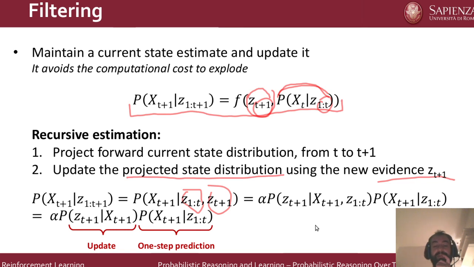So what are we dealing with here? First of all, we can get rid of this term here because we know that an observation only depends on the current state. So this is independent of z from 1 to t. Now we are here updating the current estimate, and here we are performing instead a one-step prediction where we are going from the sequence of all the observations to the next state.